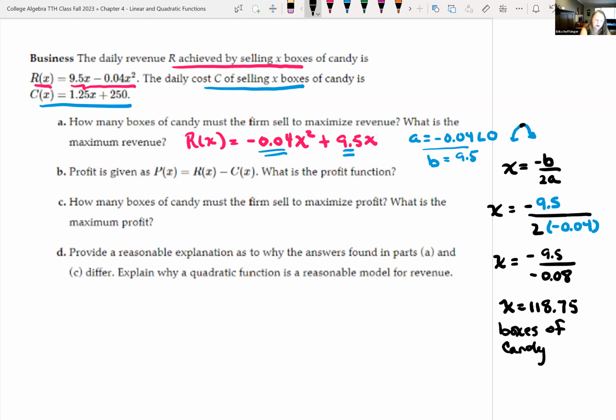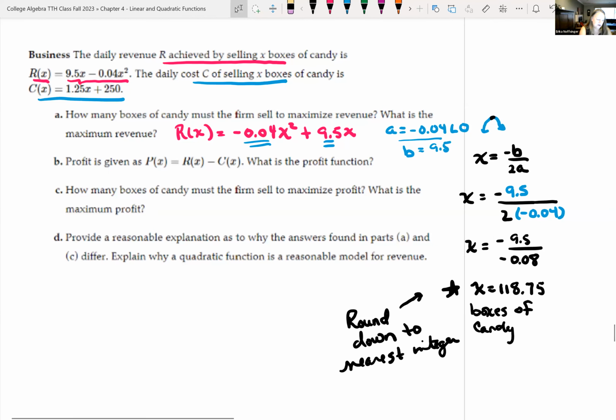So we are actually going to round down to the nearest integer. And so in order to maximize our revenue, we want to sell 118 boxes of candy.